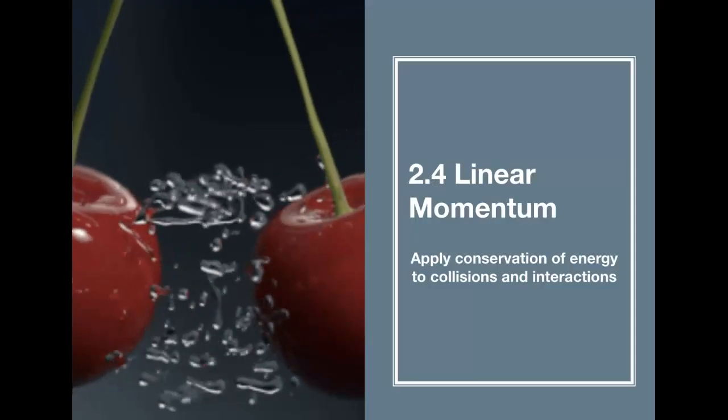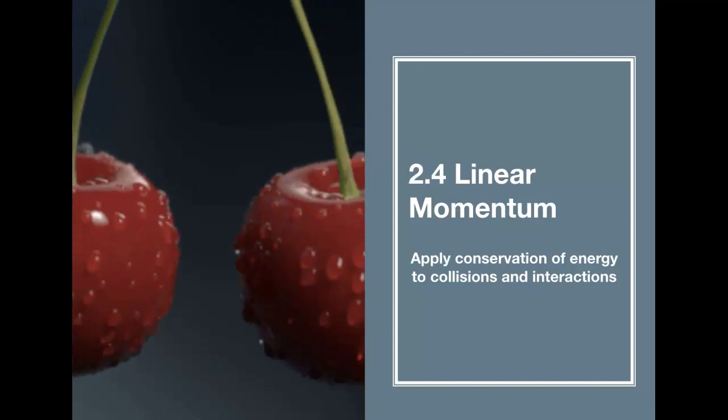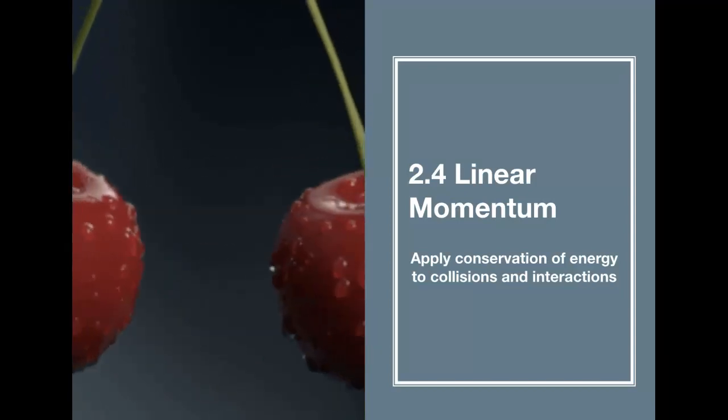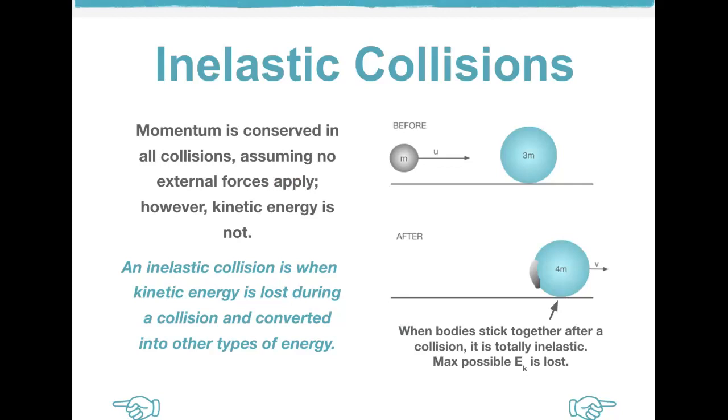Now with kinetic energy, it's slightly different. There are two types of situation to consider. The first one is inelastic. The definition of an inelastic collision is simply that kinetic energy is lost. I'm waving two fingers in a kind of comma sign.